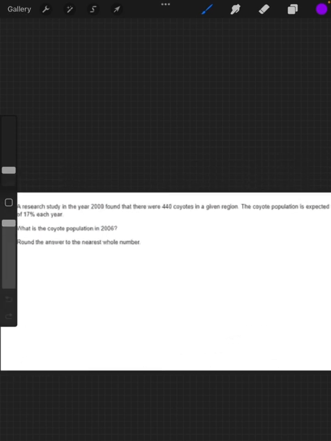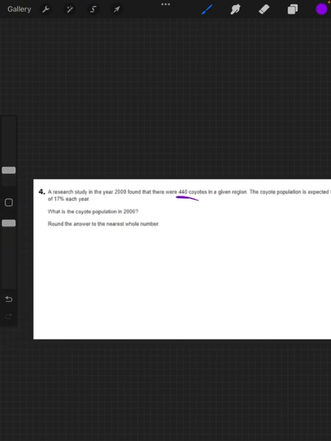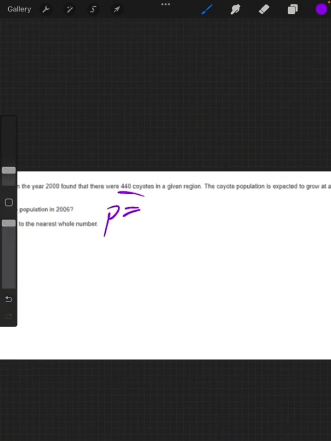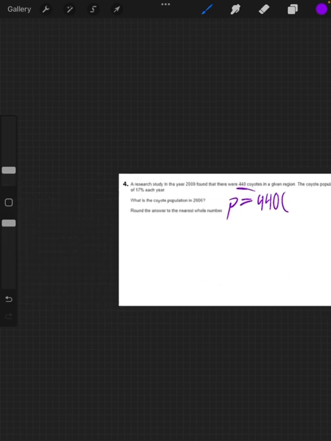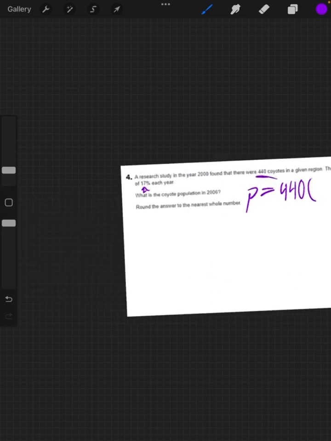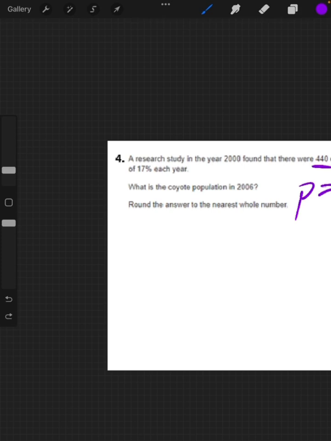Okay, so this is our starting number. We're gonna do p for population. So this is our starting number, 440. Then we're gonna multiply it by 17%. As a decimal, 17% is 0.17.